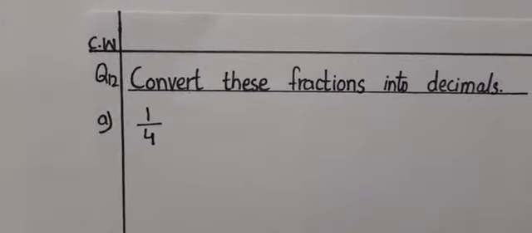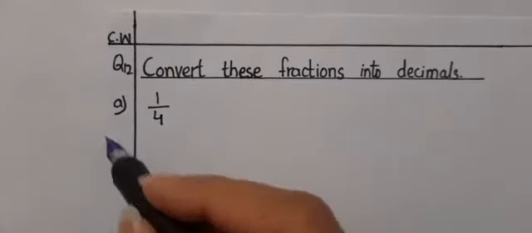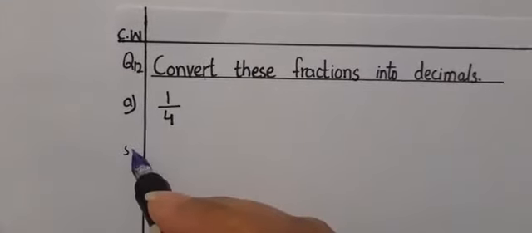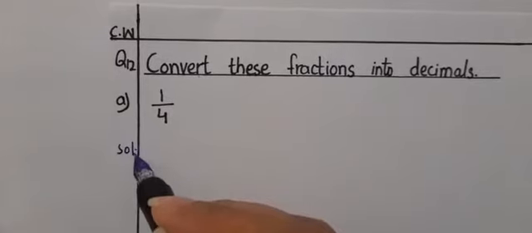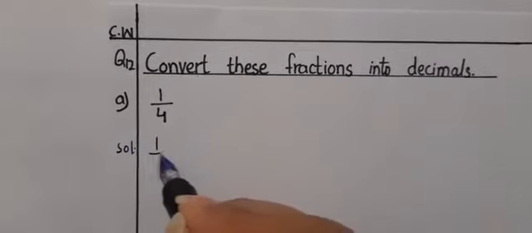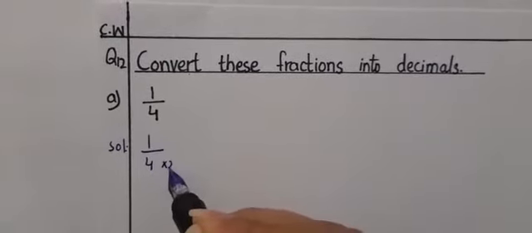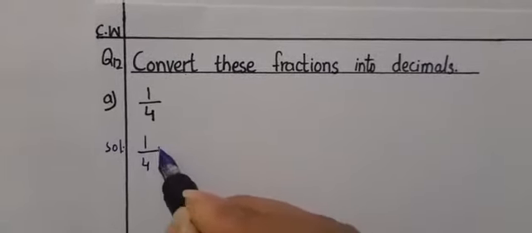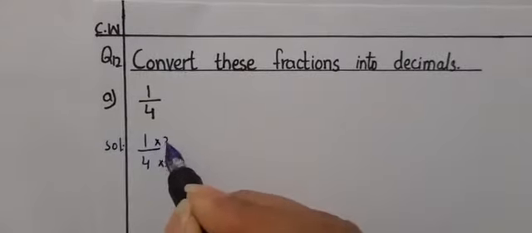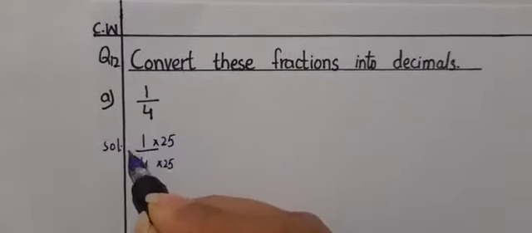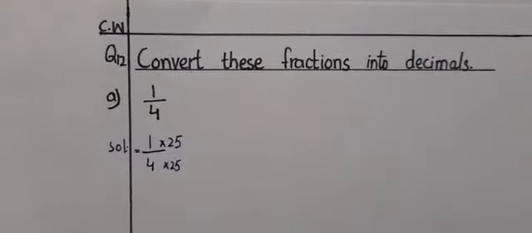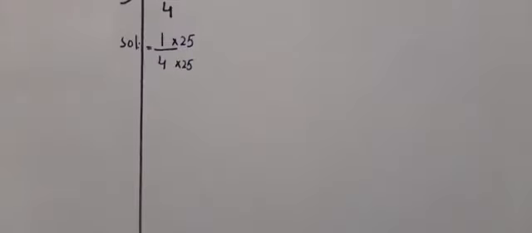Okay. So what I will do in the solution, I will write 1 by 4 and here I will multiply it with 25 and multiply it with 25. So 1 twenty-five is 25, 4 twenty-fives are 100.